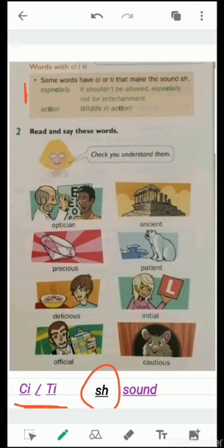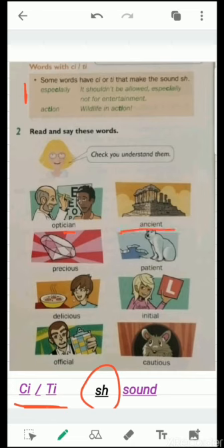Where is the sh sound? It's not the TI, it's the CI. Opti, we pronounce the T. Notice that we pronounce the T. لاحظتم؟ لفظنا TI, T. But the sh comes from the CI. جاء صوت ش من CI. So we have optician. Optician اللي هو صانع النظارات أو طبيب العيون الذي يصنع النظارات.